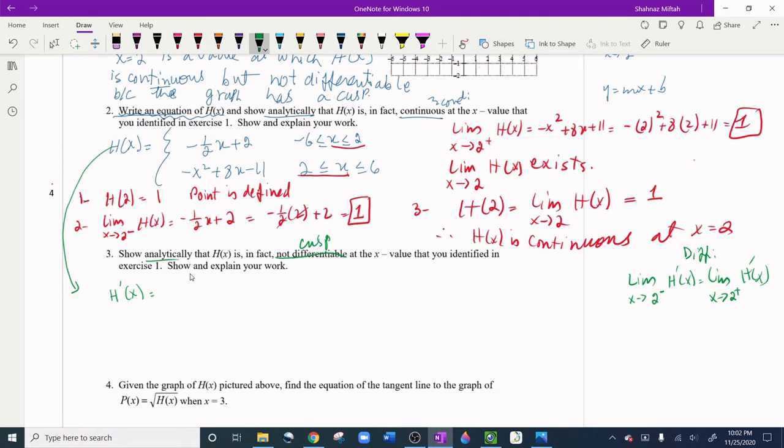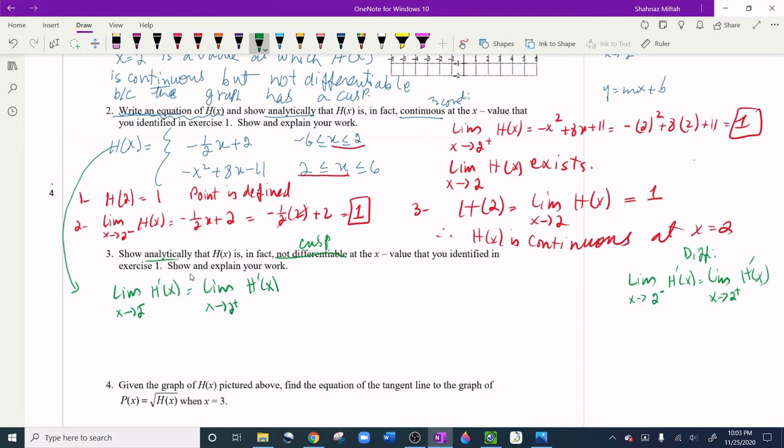First, I have to take a derivative for the limit as x approaches 2 from the left. So let me clear. Here we go. Now we have the limit as x approaches 2 from the left of h prime of x equal to the limit as x approaches 2 from the right of h prime of x.